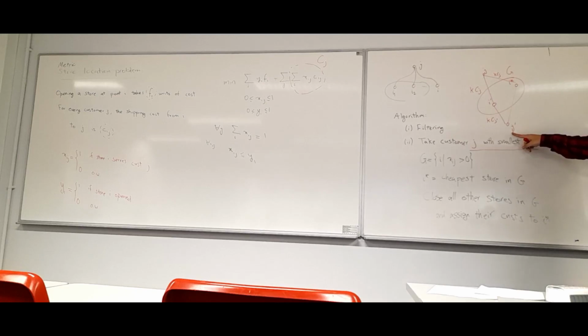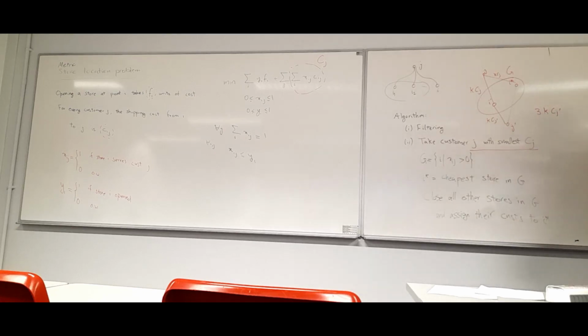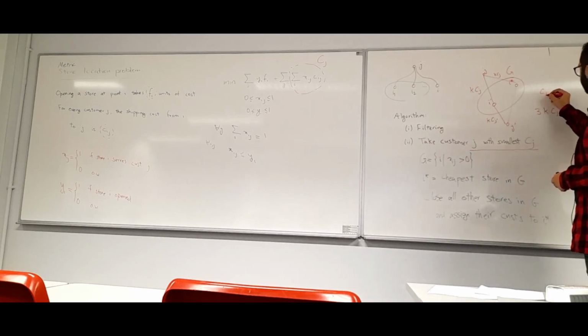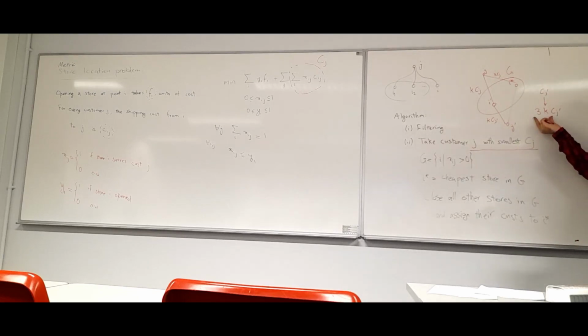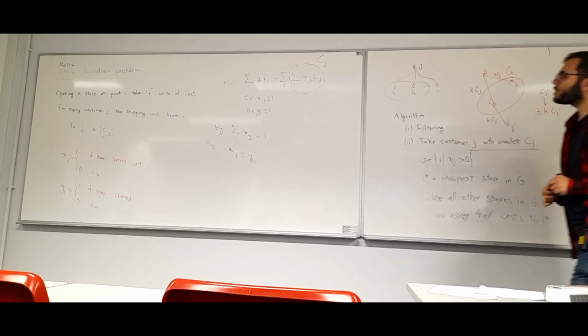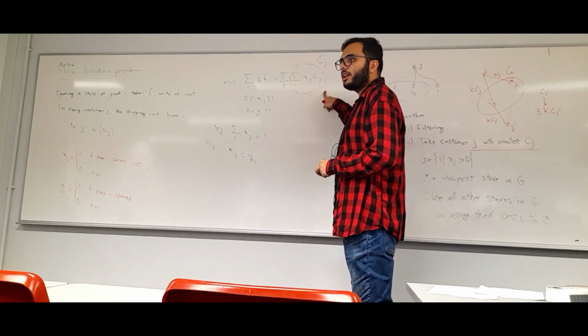So the total cost that I'm paying for J prime now, so that it gets service from I star, is going to be at most 3k C of J prime. Right? So its cost used to be just C of J prime in the LP, but now it has been multiplied by 3k. So this part of my cost is multiplied by at most 3k.